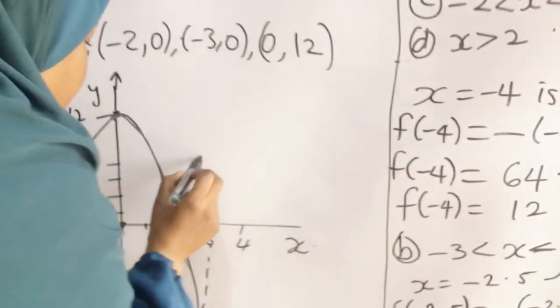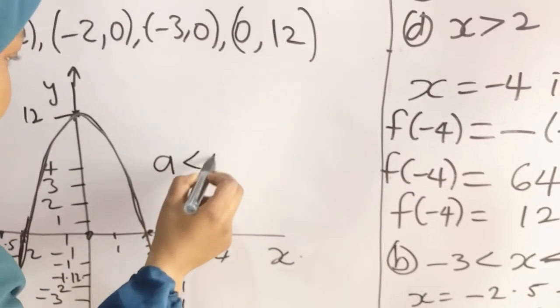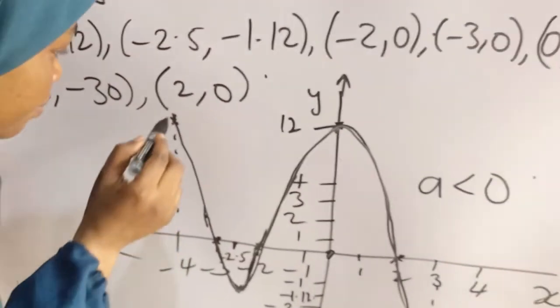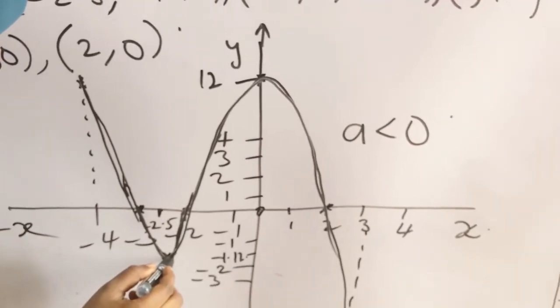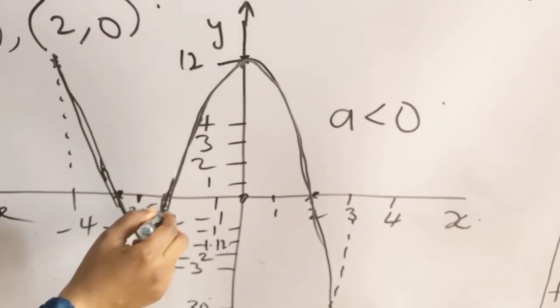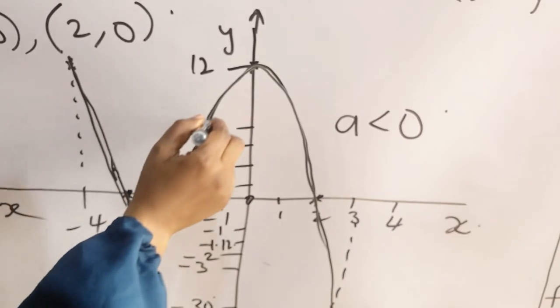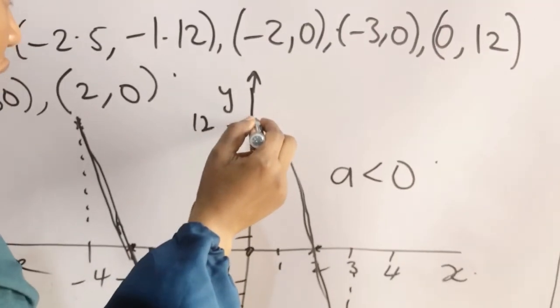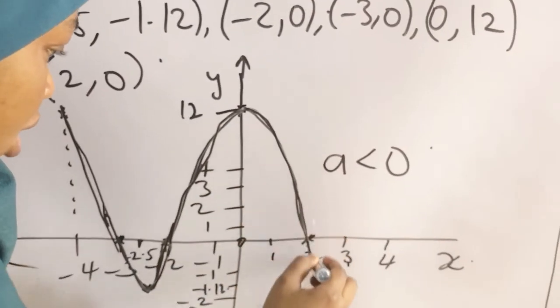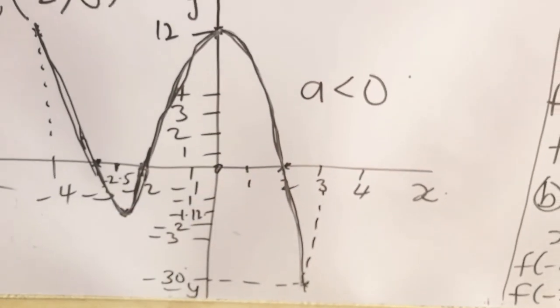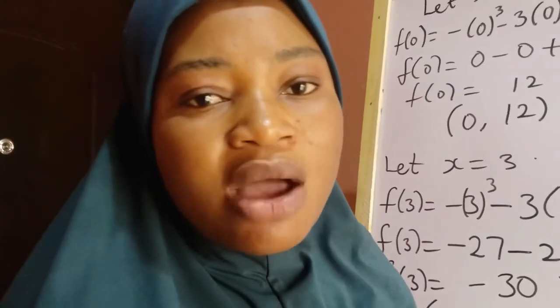So it means that whenever a is less than 0, the cubic parabola will start and give us the minimum value, then the turning point, it goes up to give another turning point at maximum value, then it comes down. So that is that about the graph of polynomial of degree 3.